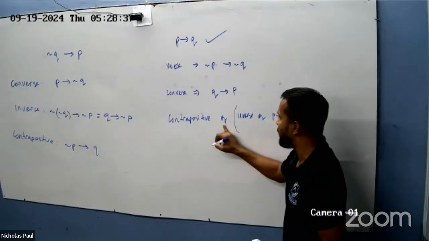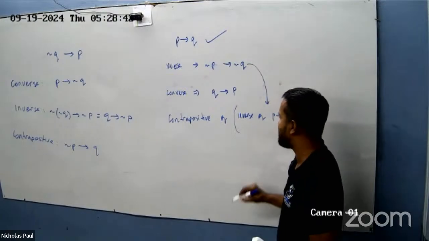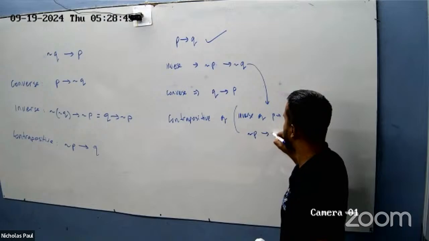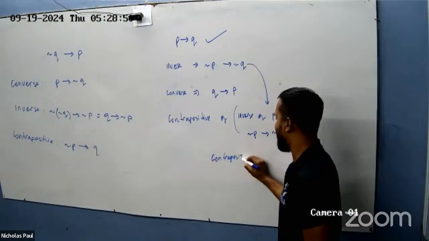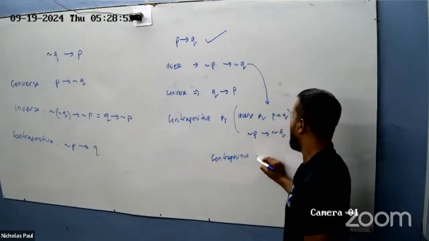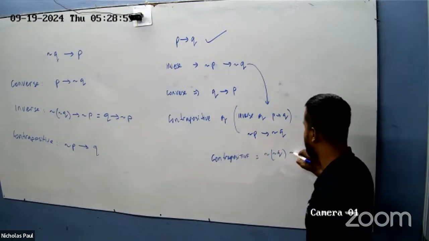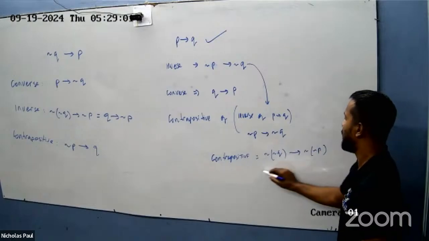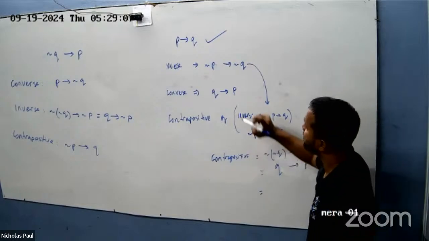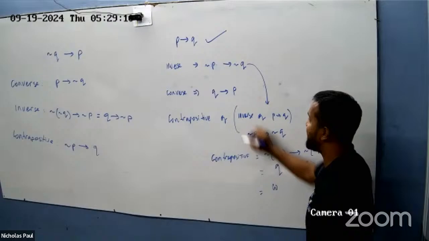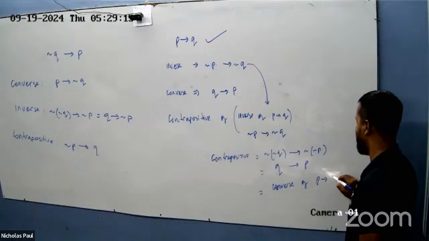The contrapositive of the inverse of P implies Q. This is the inverse of P implies Q, so it's negation of P implies negation of Q. Therefore, the contrapositive of this, remember, switch them around and negate it. So you'll be left with Q implies P, which is the converse of P implies Q.